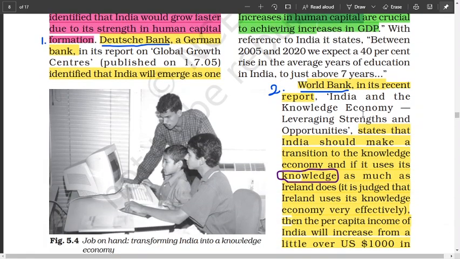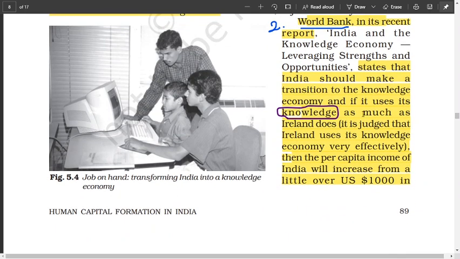The World Bank's second report states that India should make a transition to the knowledge economy, and if it uses its knowledge and education as much as Ireland does, then the per capita income of India will increase.